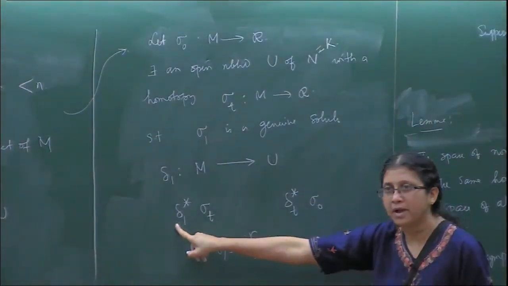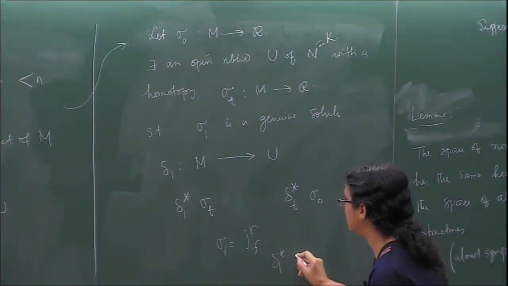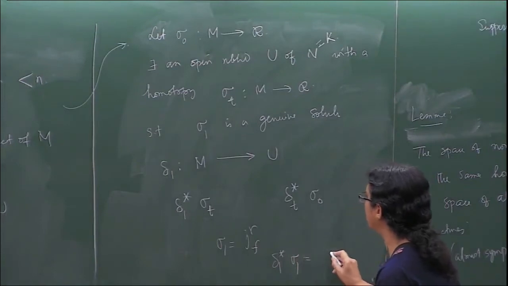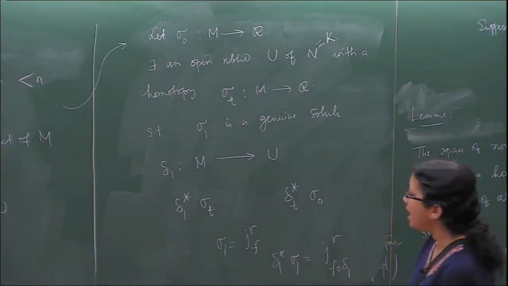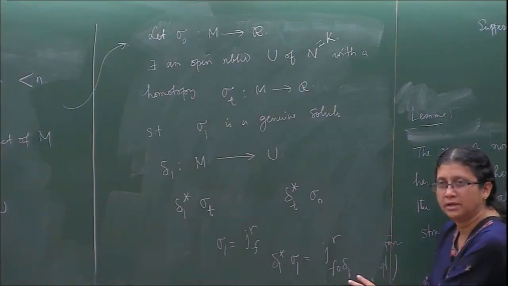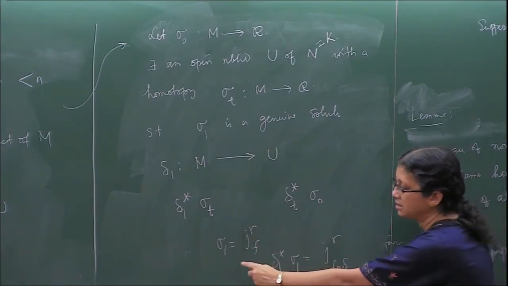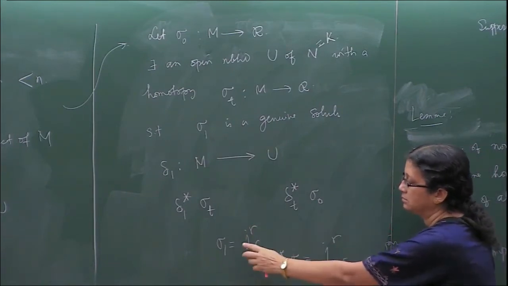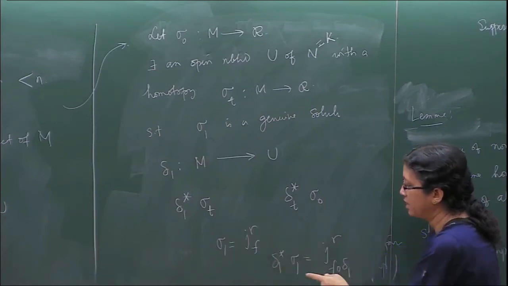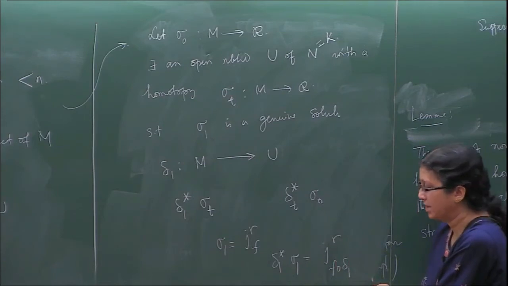If you pull it back by delta 1, what will happen, delta 1 star sigma 1 will be J^R F composed delta 1. I am being a little bit simplistic here, but there may be some complicated actions as well. So you have J^R F, and if you act by this, it is J^R F composed delta 1.